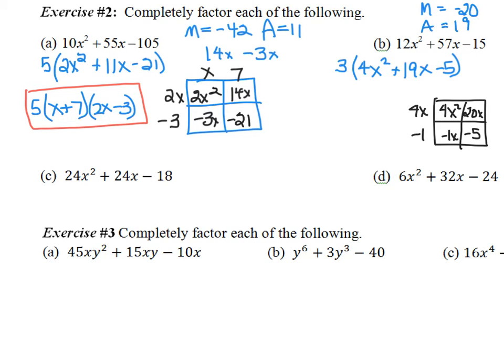Second row, negative 1. First column, x. Second column, 5. So my factors for this one are 3 times x plus 5 times 4x minus 1. And I, of course, am getting those binomials from here and from here. So there's my completely factored form of that trinomial.